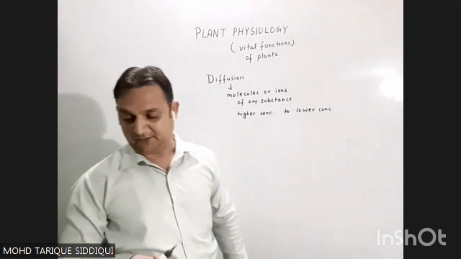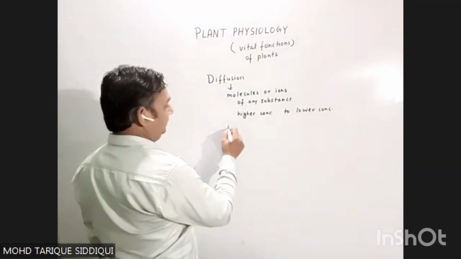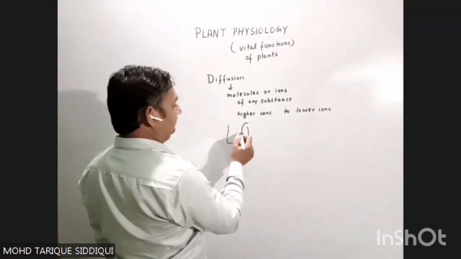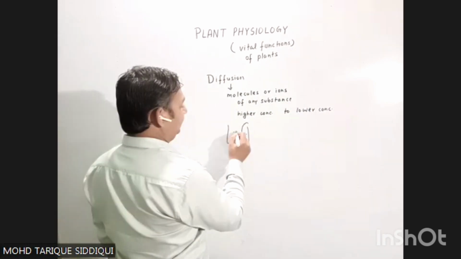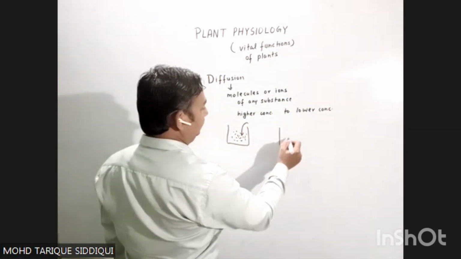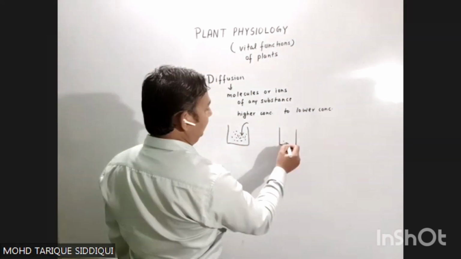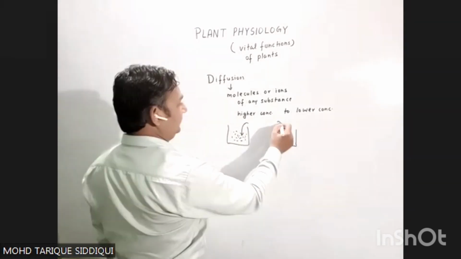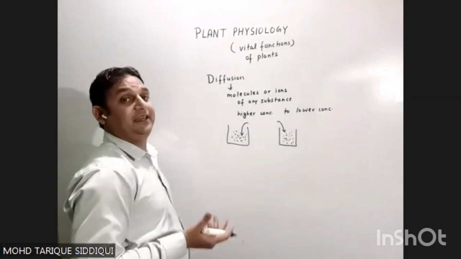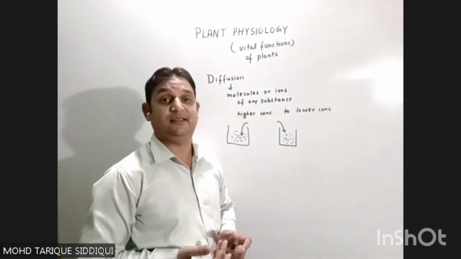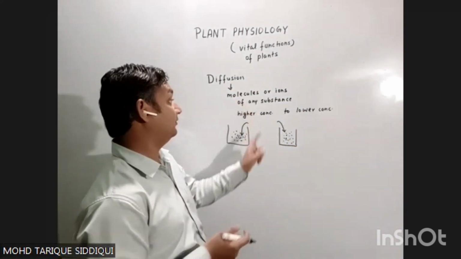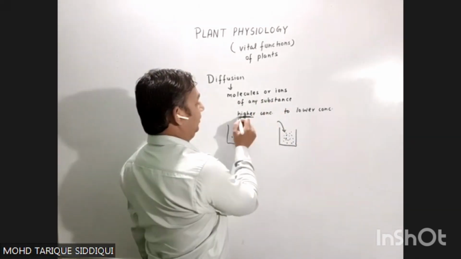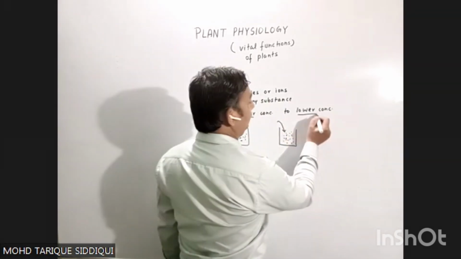Now, a simple example: suppose in a beaker there is a high concentration of ions or molecules here, and in another there is a lower concentration of molecules or ions. Diffusion will take place from the region of higher concentration to the region of lower concentration.